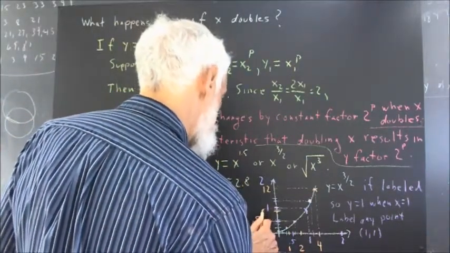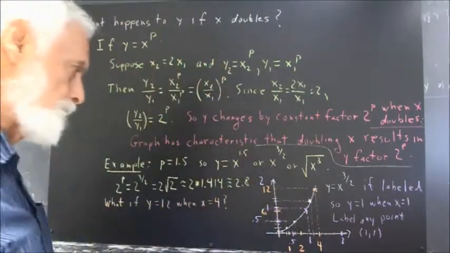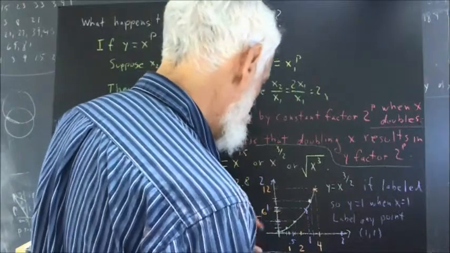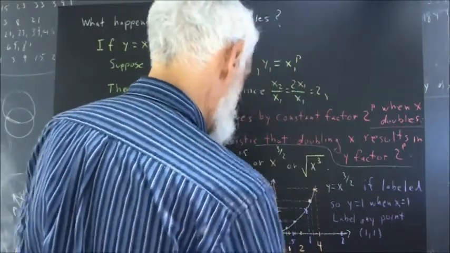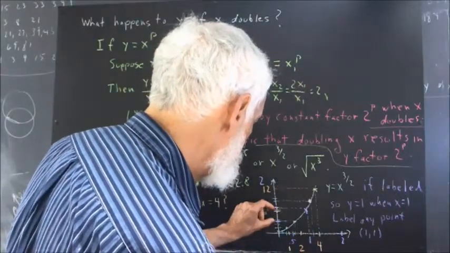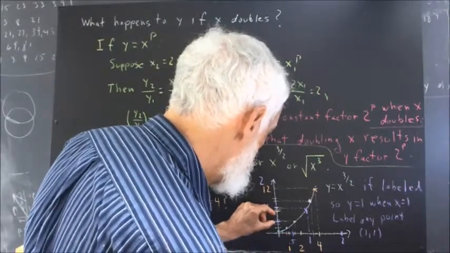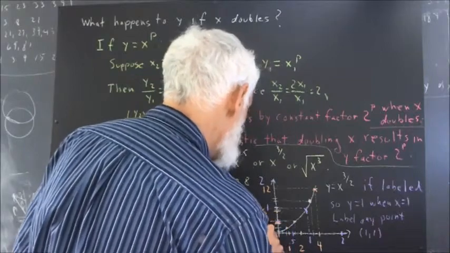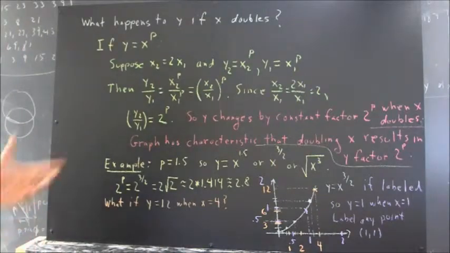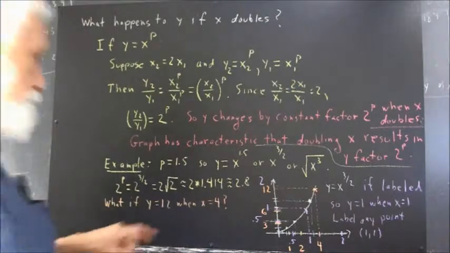I'll put a 6 here, indicating that this corresponds to y equals 6. And then I could cut that down to half. Let's see, this point would be a little bit too high. So let's see, this point here, how does that work? It's a little low, so I'm going to say that 3 would be about here.